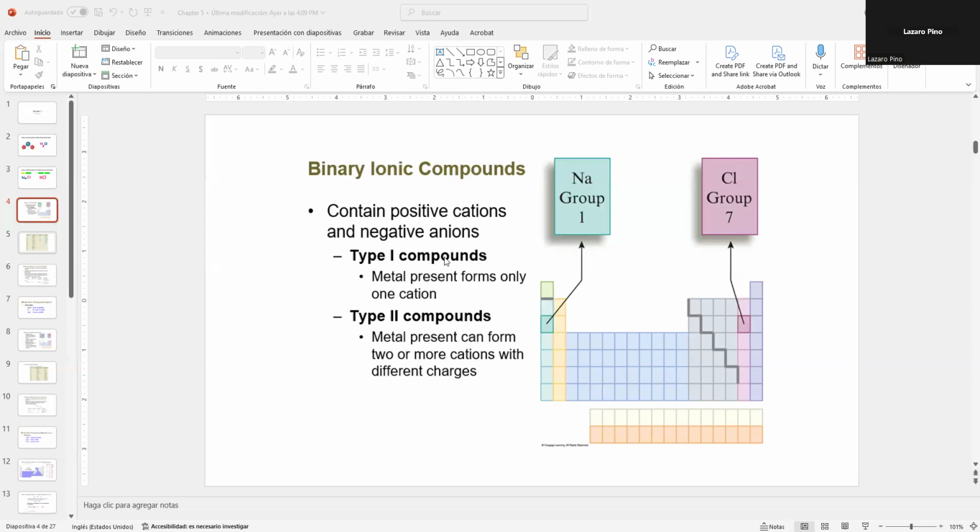The difference between a type 1 and a type 2 is the kind of metal that is present. Type 2 has to do with metals mainly that belong to this block, the D block, or transition elements, and also some that are here that present two different charges. We are going to explain it more in a few minutes.